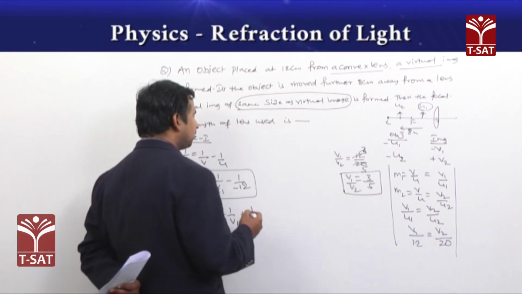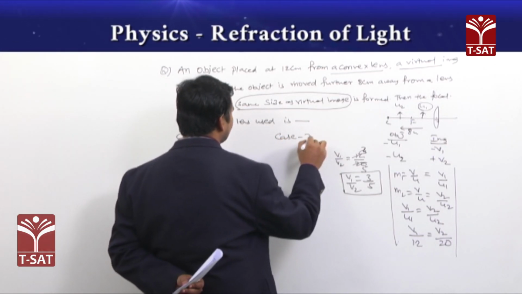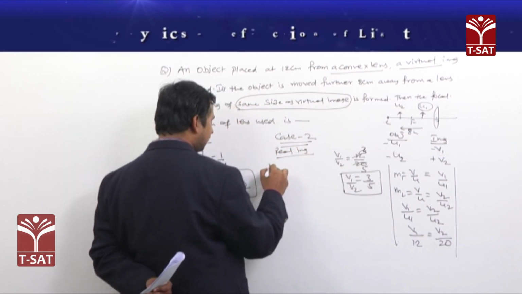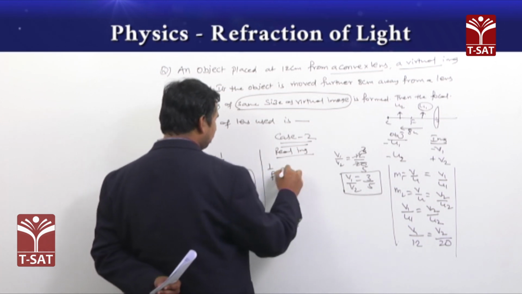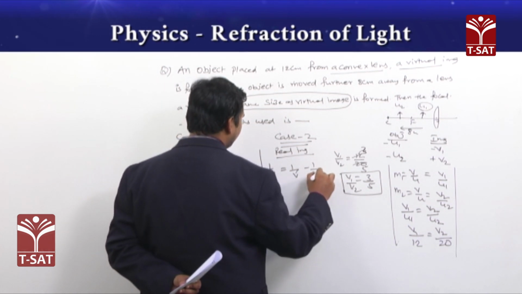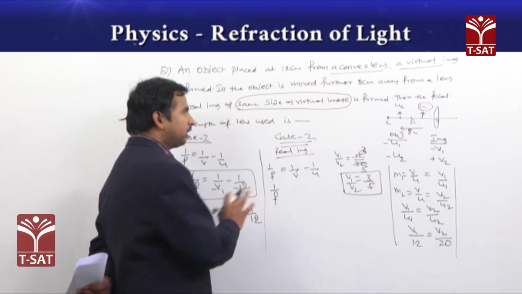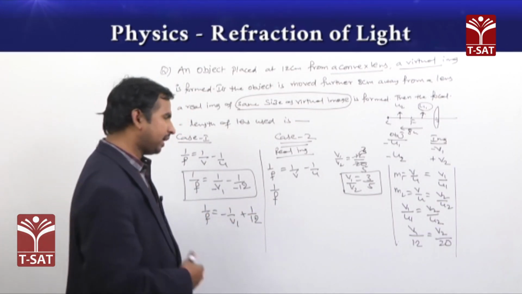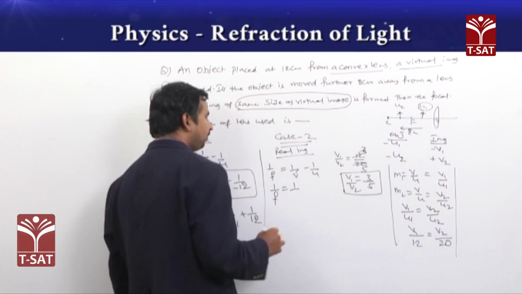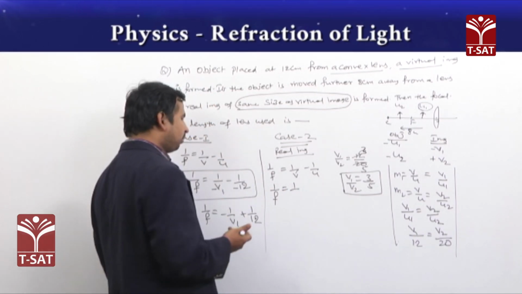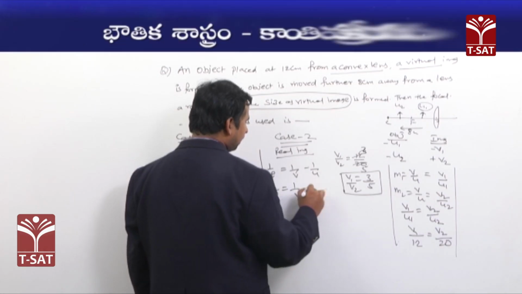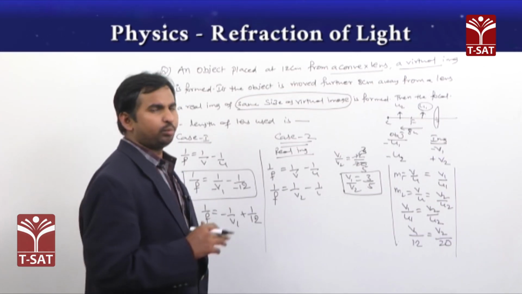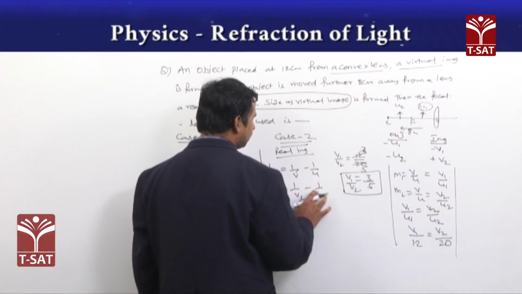Whereas in case 2, a real image is formed. Again applying 1 by F is equal to 1 by V minus 1 by U, the focal length remains the same because we are not changing the lengths given here. 1 by F is equal to 1 by V2, where V2 is the image formed, and the object distance has increased from 12 by 8 centimeters, so it becomes 20 centimeters.